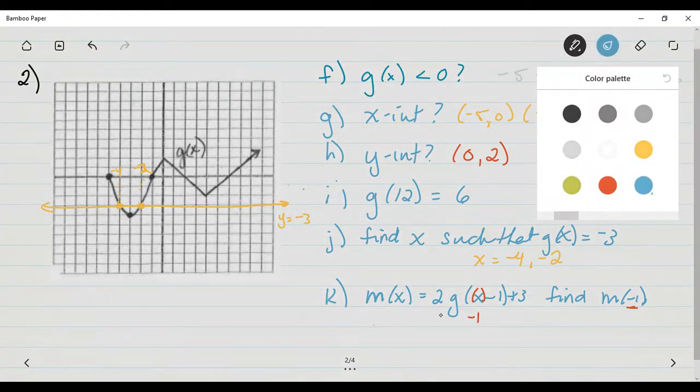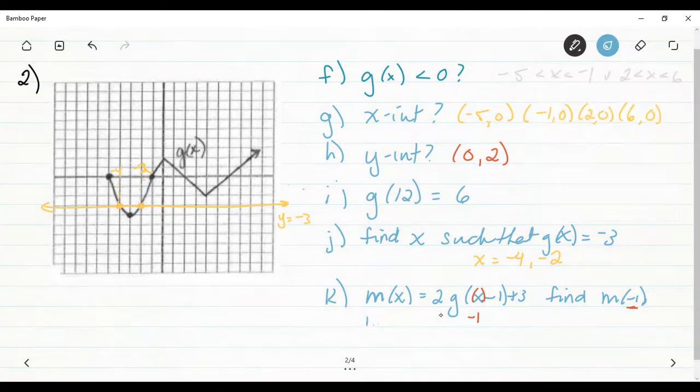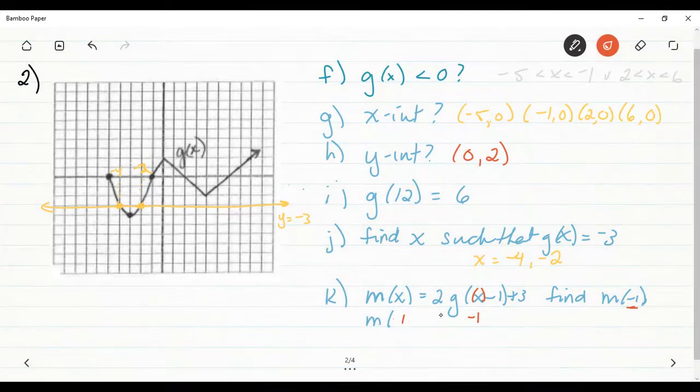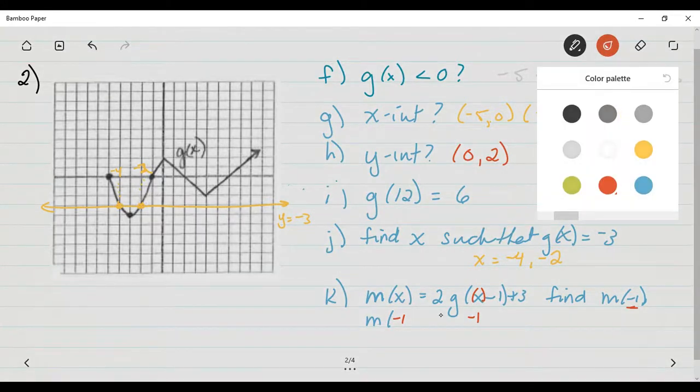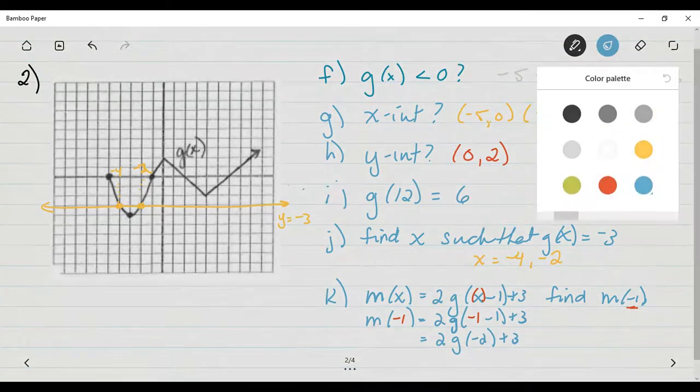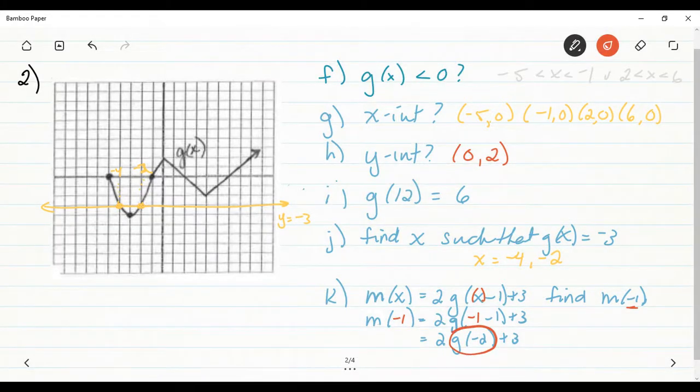So when we find m of -1, we are looking to evaluate g of -2 and add 3. This we can find on our graph.